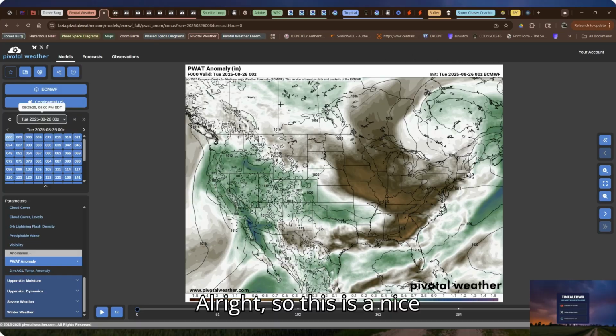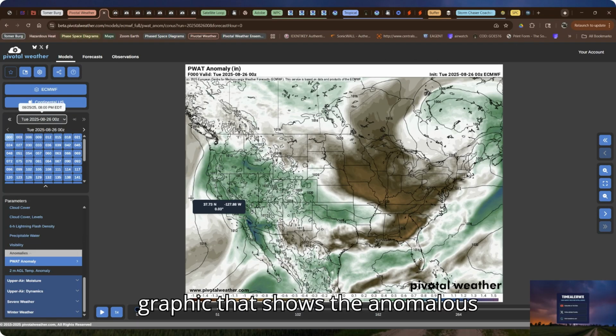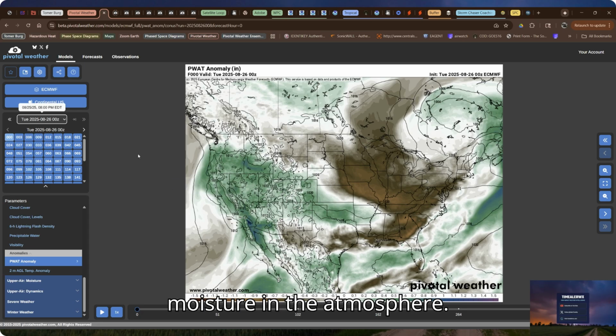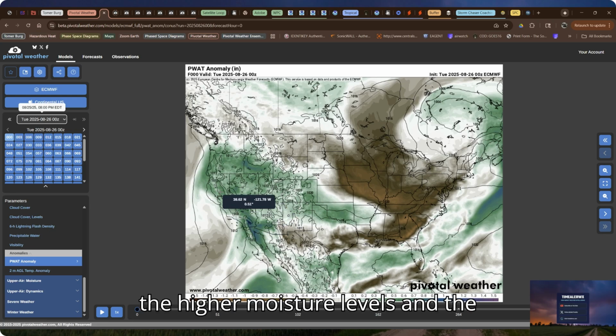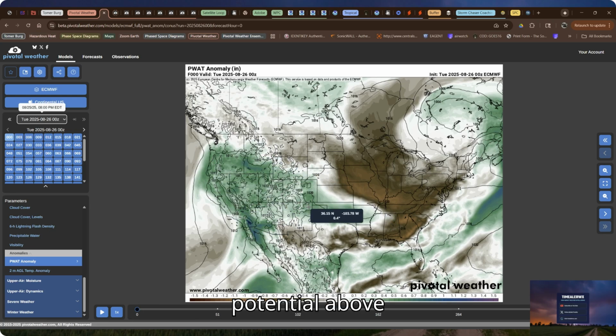All right, so this is a nice graphic that shows the anomalous moisture in the atmosphere, European model for the continental U.S. You can see the higher moisture levels and the potential for above normal precip, overall moisture in the atmosphere.